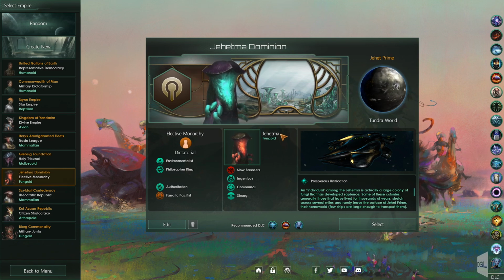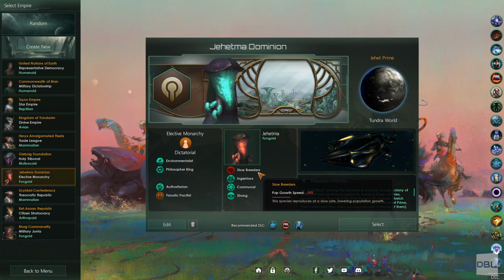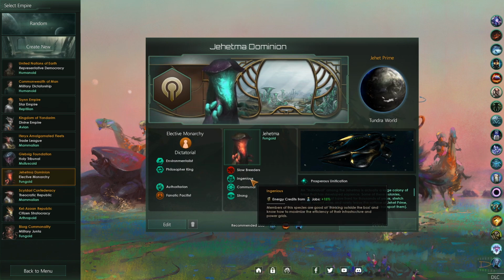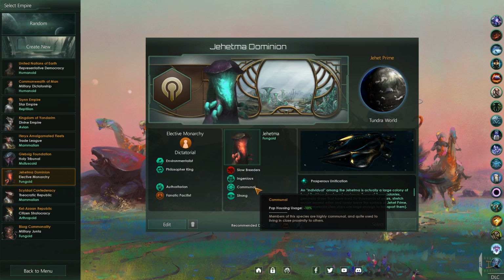Jahetma at Tanagra. When the walls fell. Slow breeders, -10%. So they reproduce at a slow rate, lowering population growth. Makes sense. Ingenious. They're good at thinking outside the box, know how to maximize efficiency of their infrastructure and power grids. Communal.